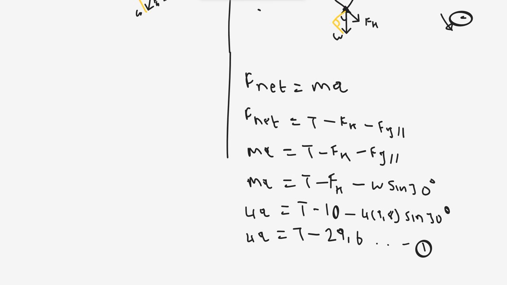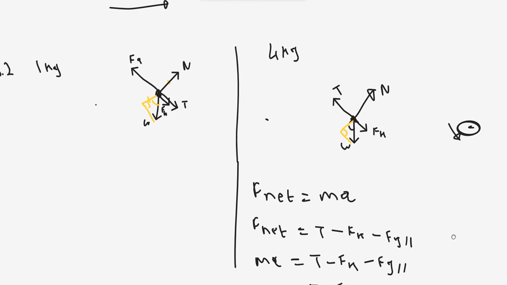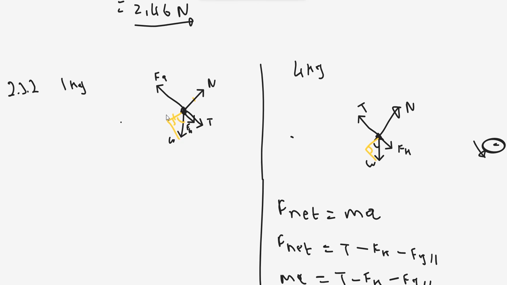Then now let's go to our 1 kg block, and we're still going to use our free body diagram, and we're going to say our net force is equal to MA. And also our F net is equal to, okay, down the plane or opposite to the motion is negative, so the force acting in the direction of motion is positive.